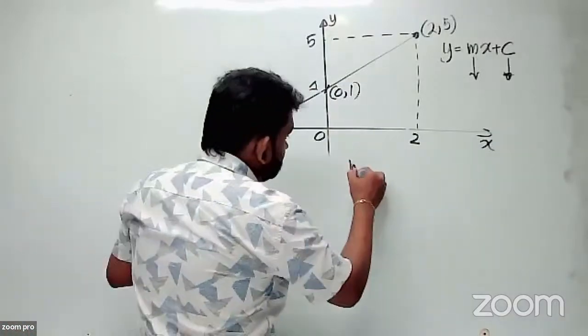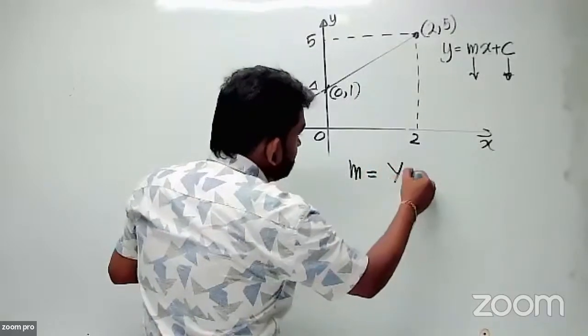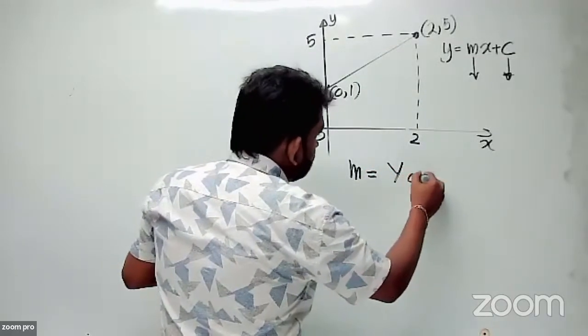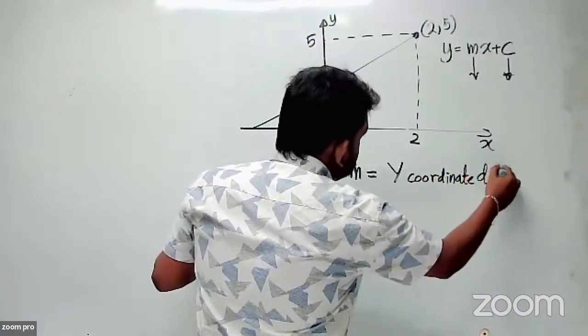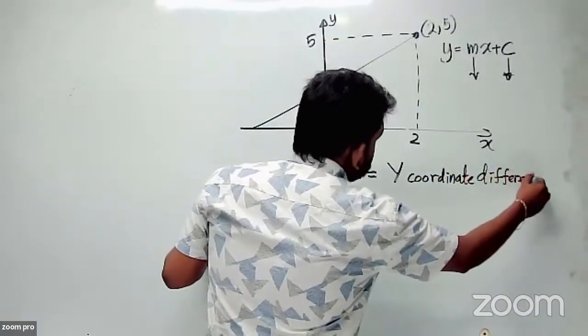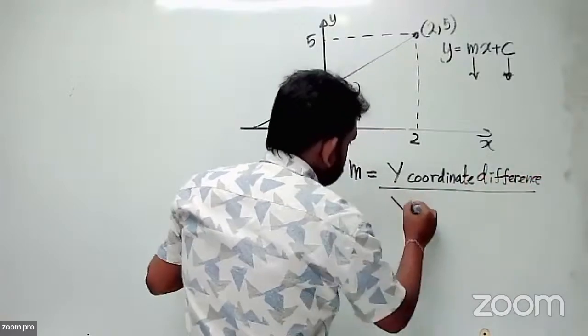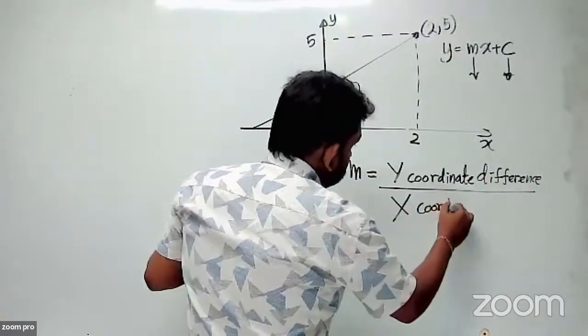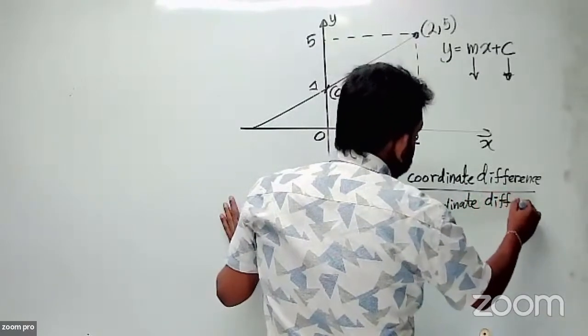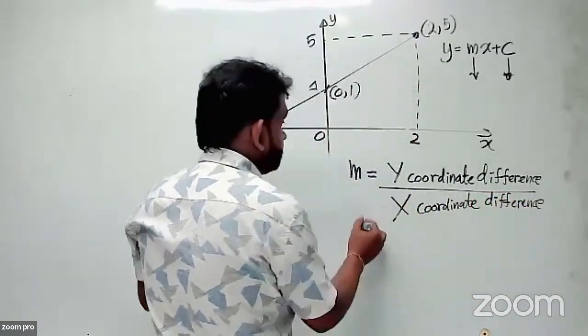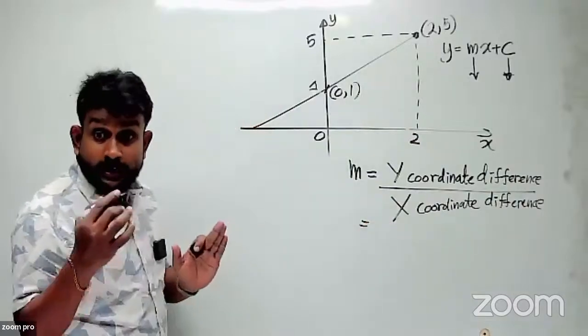Then find the gradient m equal y coordinate difference upon the x coordinate difference. Simply remember that y difference upon x difference, taken in the same direction.